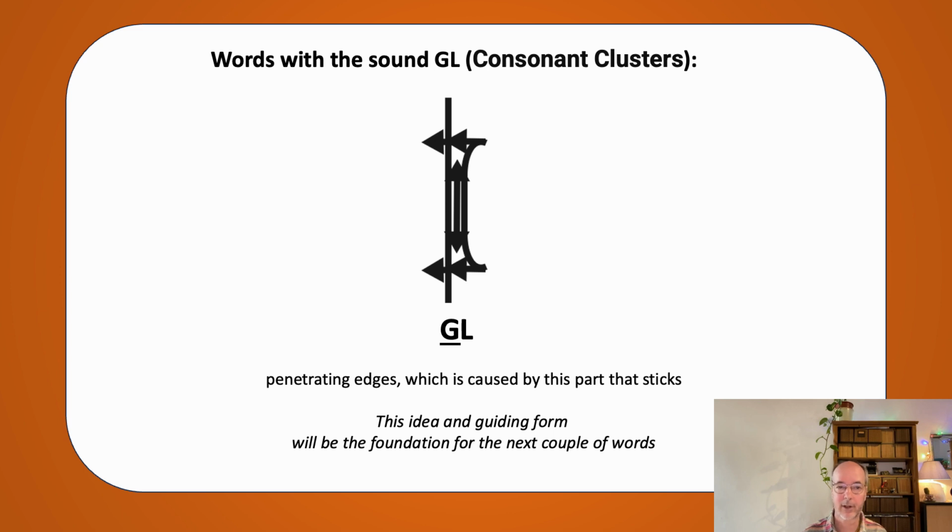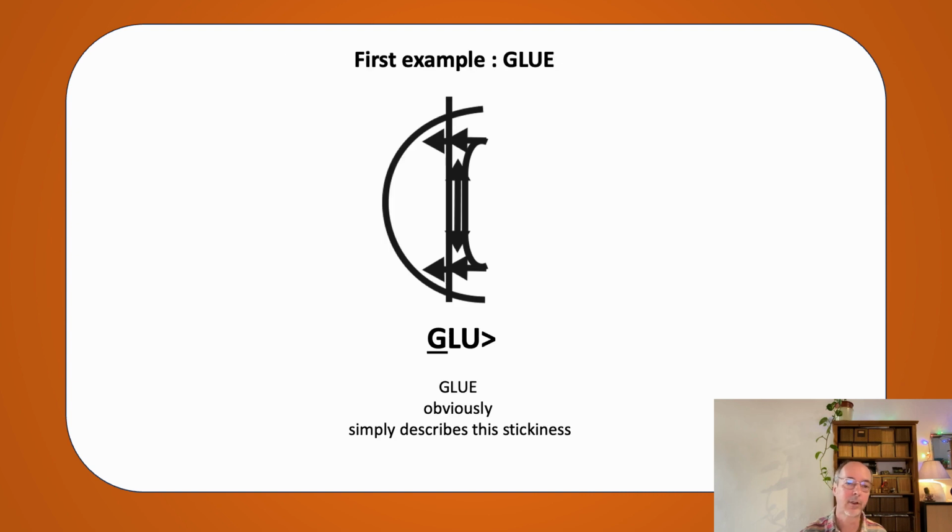All these words will have this reference point as a starting point, as the G with the L, and all these words that I will do will have this starting point in this video. So with the glue, I have of course the U, which will take these things together in progression, in formation.